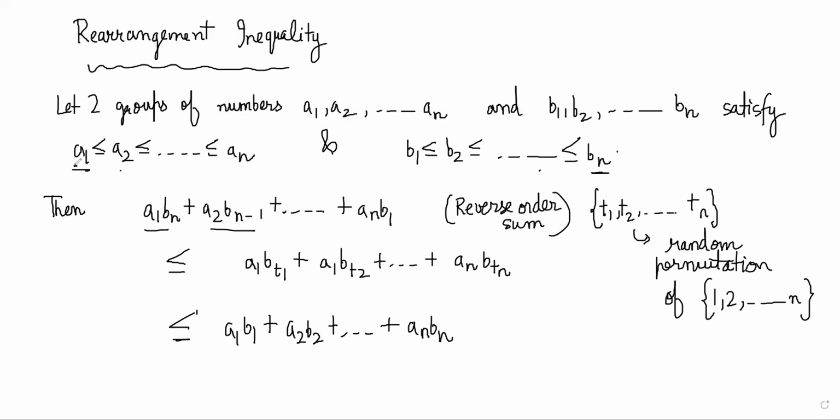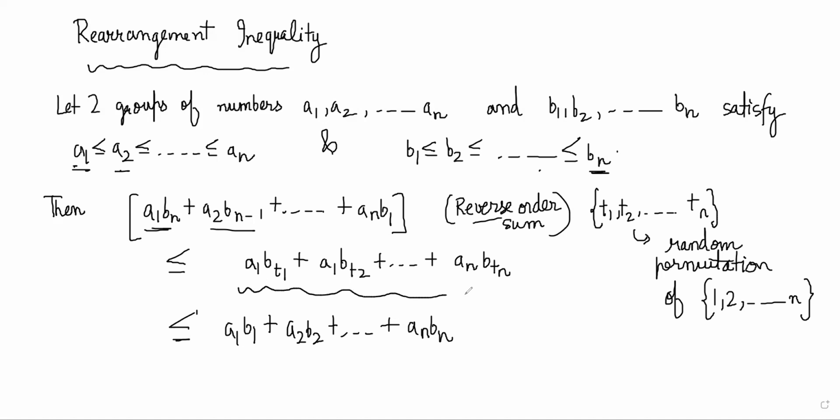So you are taking the smallest term here and the largest term here, and you are multiplying, and then the second smallest and the second largest. And similarly, you are constructing this sum of pairs taken from two different sequences. The only quality about this particular sum is that it's a reverse order sum. The minimum and the maximum are being multiplied.